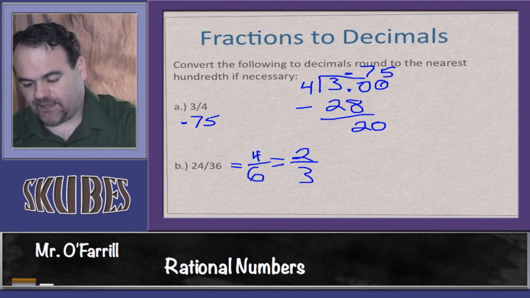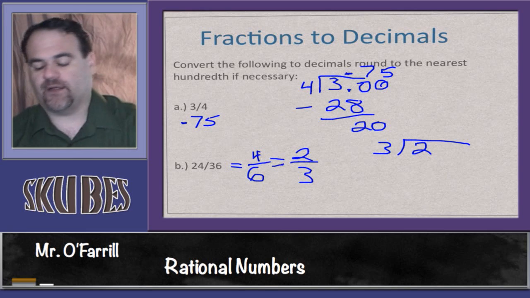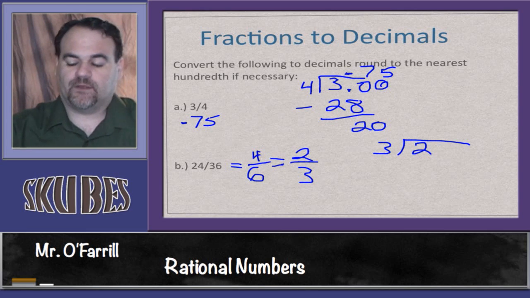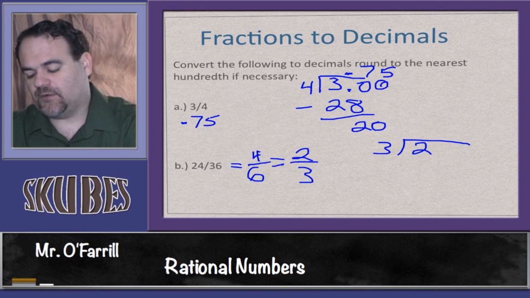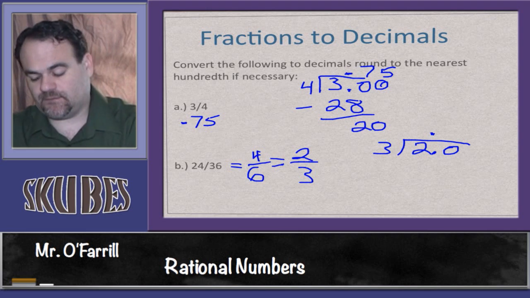So let's go ahead and divide 2 by 3. Just like the prior example, we're going to need to introduce a decimal point. 3 goes into 20. How many times? Is it 8?